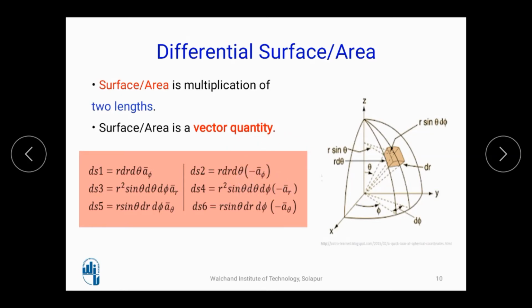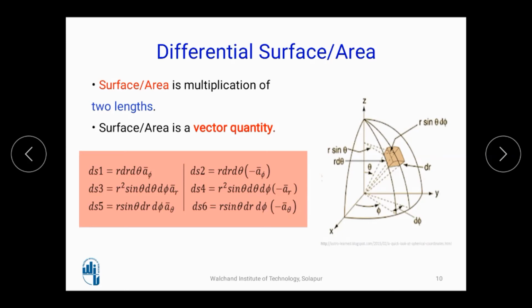If I multiply the two lengths r sin theta d phi and r d theta, it will give me r square sin theta d theta d phi. Now d theta d phi is there. What is not there is r. So a r bar. Similarly, I can write r square sin theta d theta d phi minus a r bar as the opposite side of that surface.